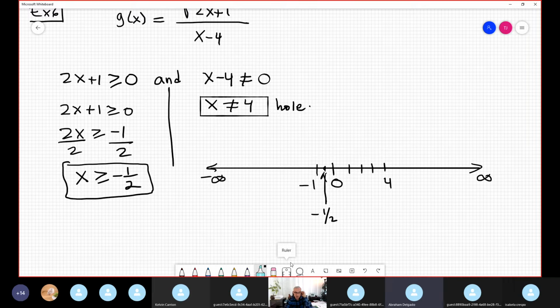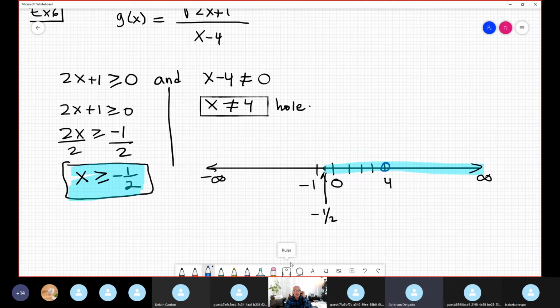This interval is from negative 1/2 to infinity, to the right, because it's greater than. However, when you get to 4, you find the hole here, because 4 is totally illegal.